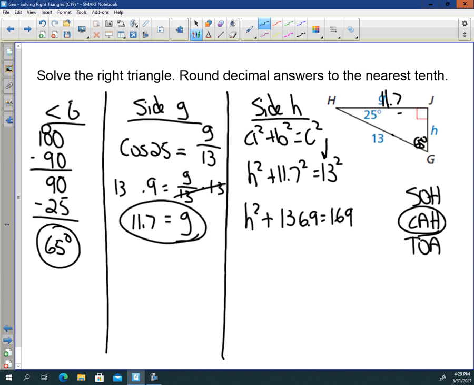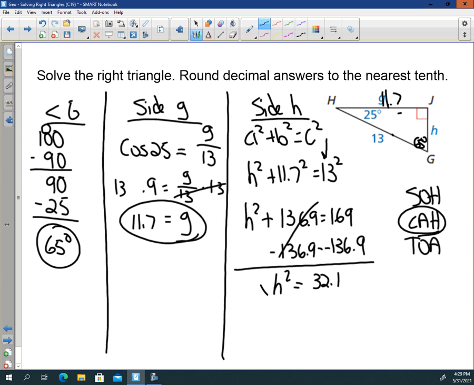Great. Now to get h squared by itself, I'm going to subtract 136.9 from both sides. These cancel. I have h squared equals 169 minus 136.9, 32.1.